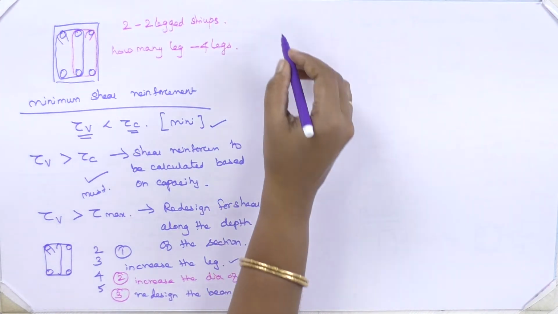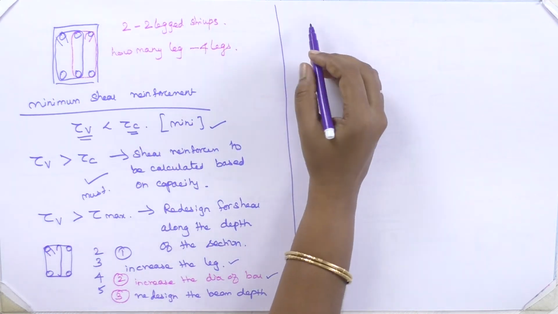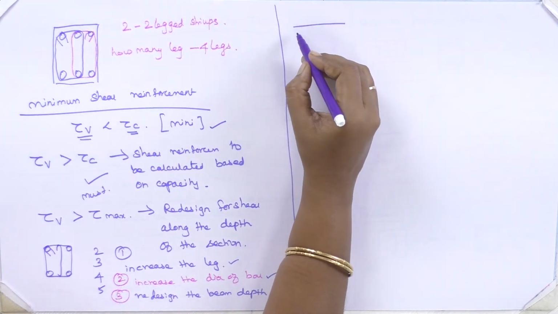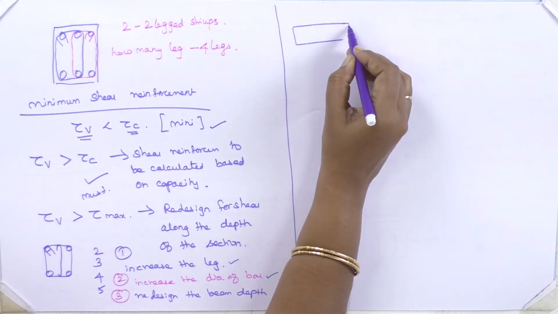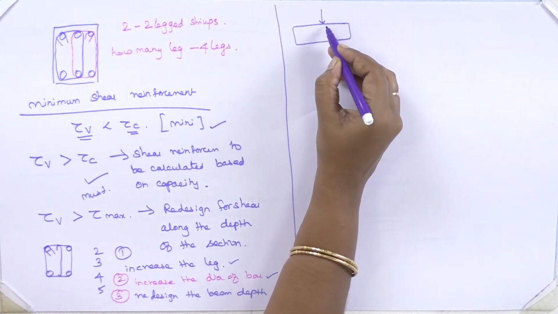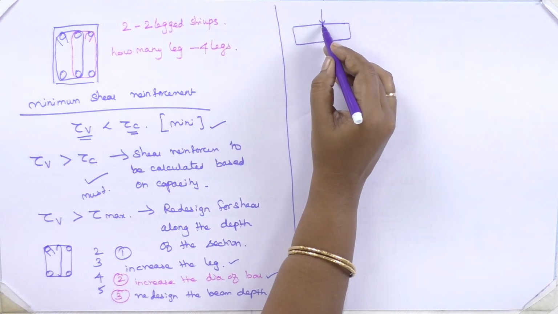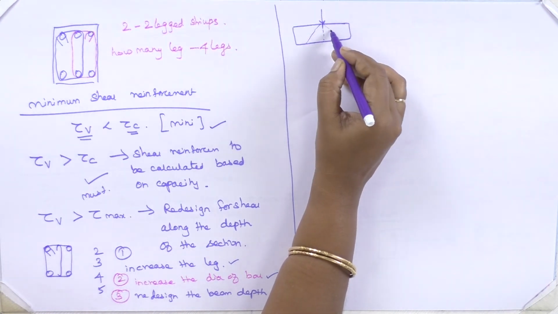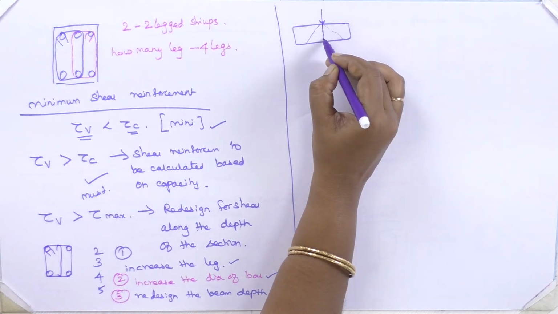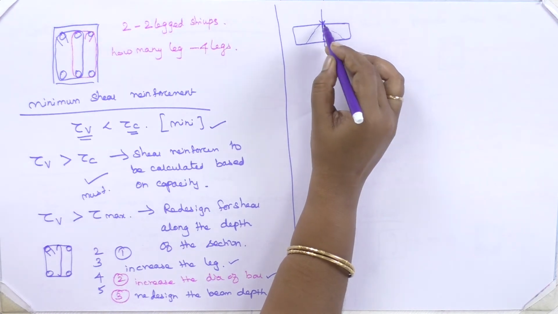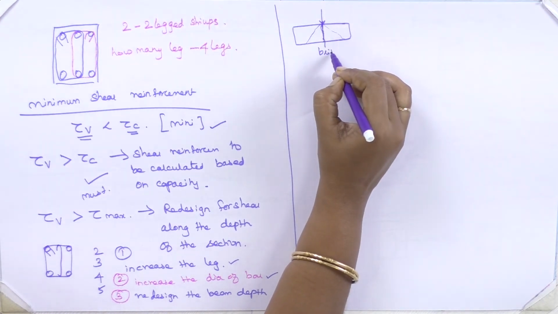For example, in general, I can tell you this is my cross-sectional element. If you give load, it will be like a punching action in your element. So you will get some failure along these support conditions also. This punching effect will be predominant, so that your member fails as a brittle failure. This is called brittle failure.